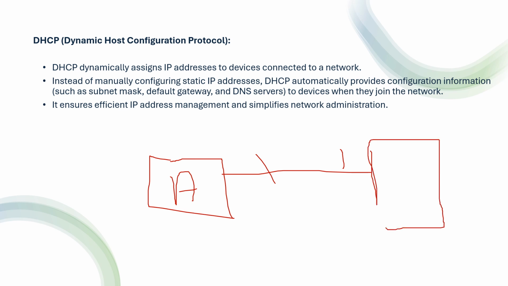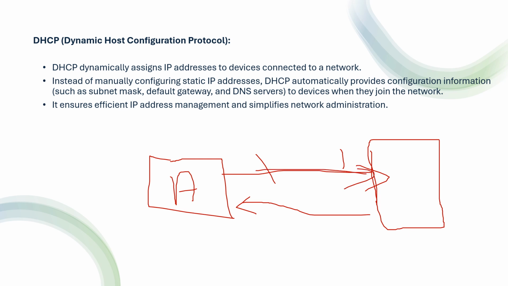Okay, it receives the message and replies back mentioning its IP address. Here the source IP address is 0.0.0.0 and the destination IP address is a broadcast address while questioning.